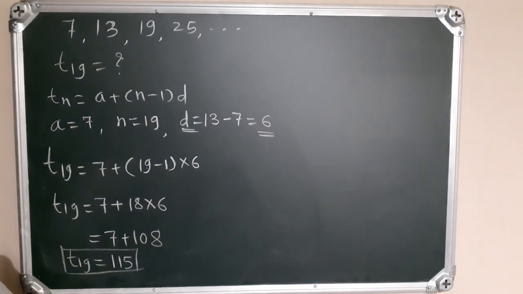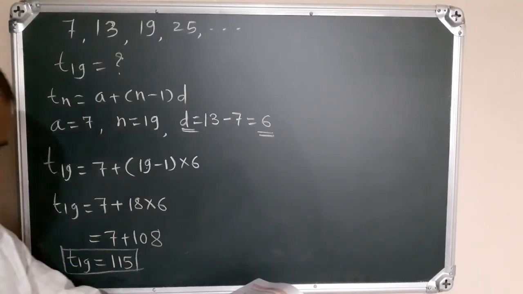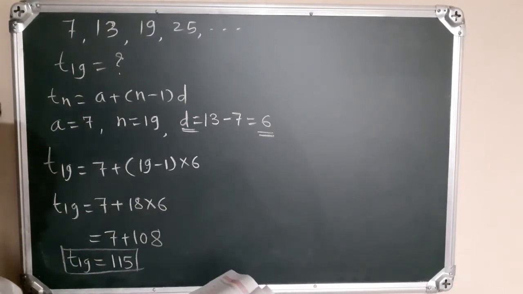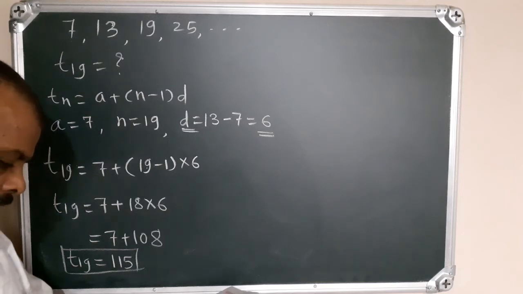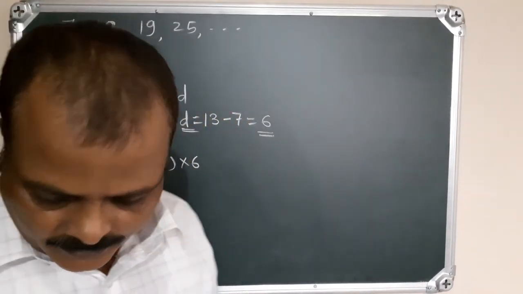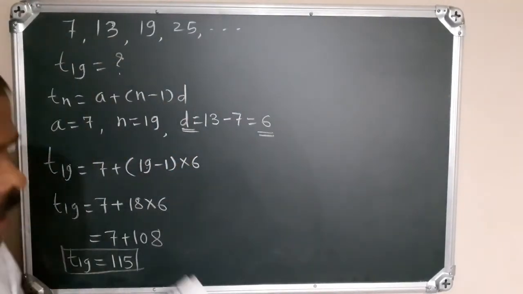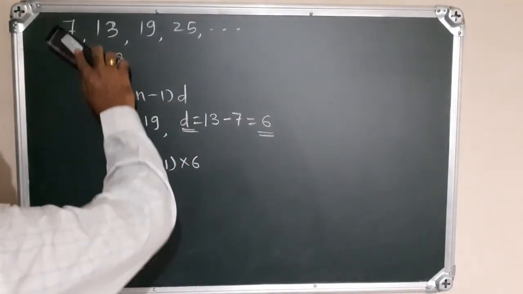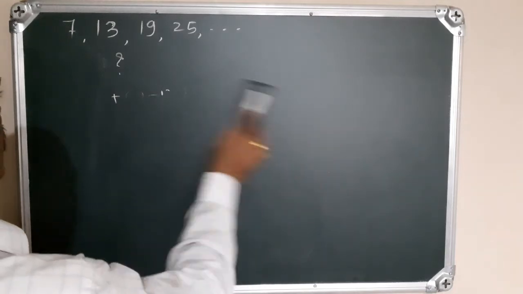Now there are other types of examples. Find how many 3-digit natural numbers are divisible by 5. So which is the smallest 3-digit number?